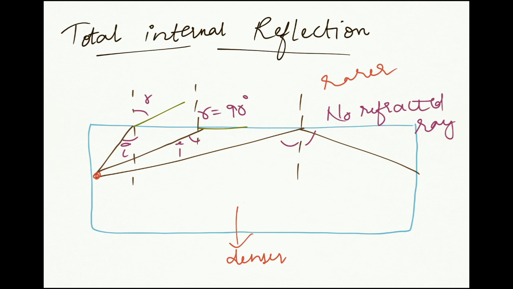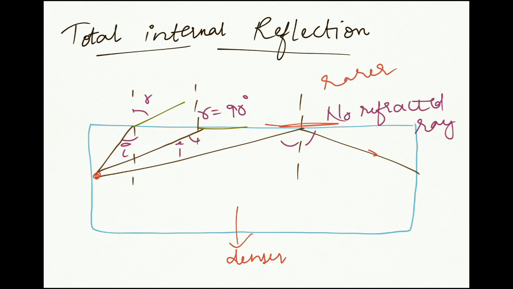So what he is trying to tell is, a ray of light is trying to travel from the denser medium to a rarer medium, but it is getting reflected into the optically denser medium only. It is actually trying to get into the rarer medium, but it is getting reflected back to the denser medium at this surface of separation. That's it, nothing much. It's very simple, right?